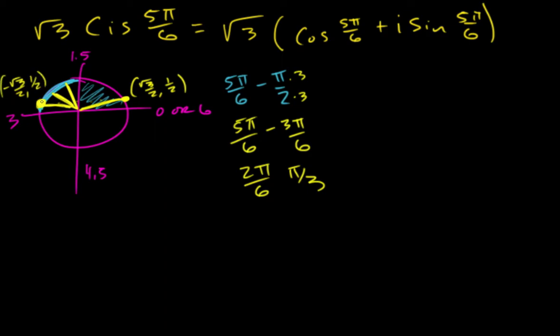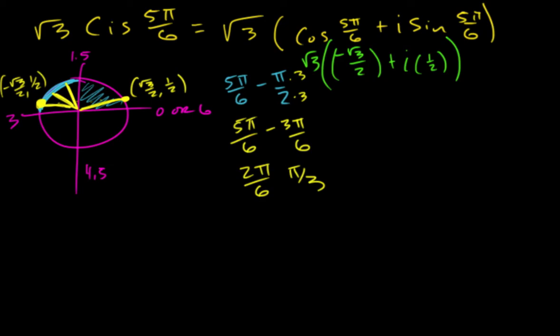All right, we found out what that is. Now, cosine is the x value, so that's going to be negative square root of 3 halves. And then the sine value is 1 half. And then we still have our square root of 3 on the outside.